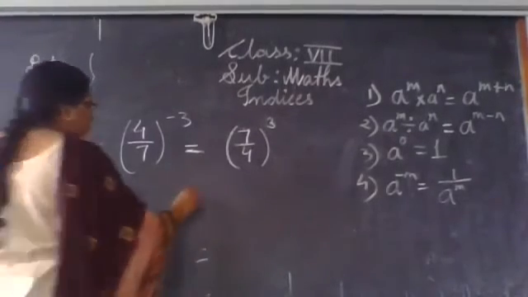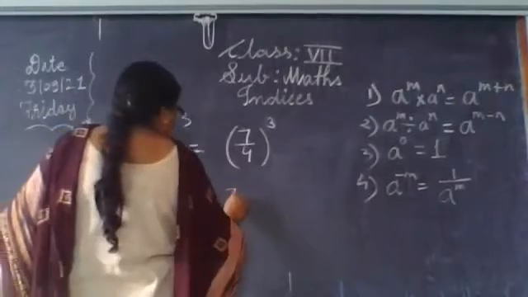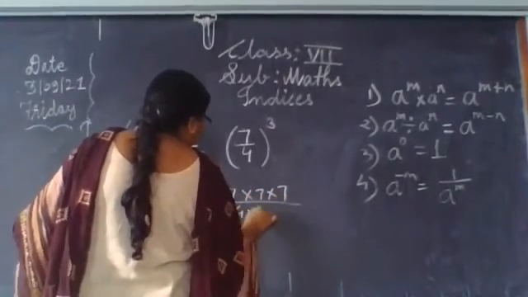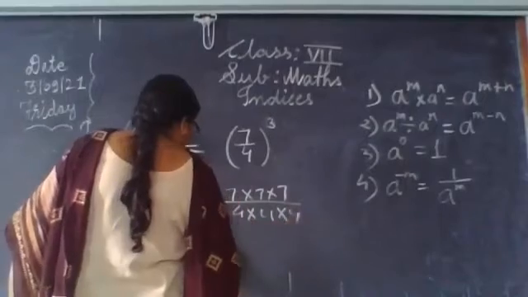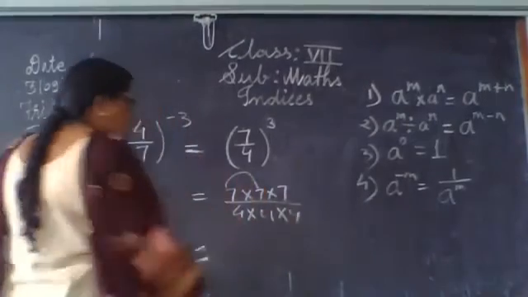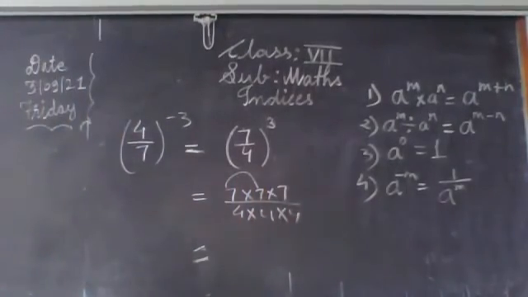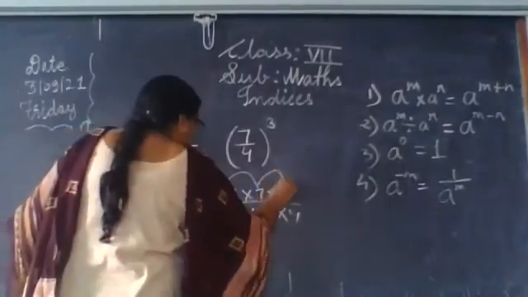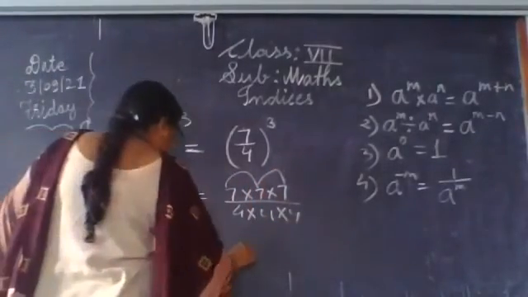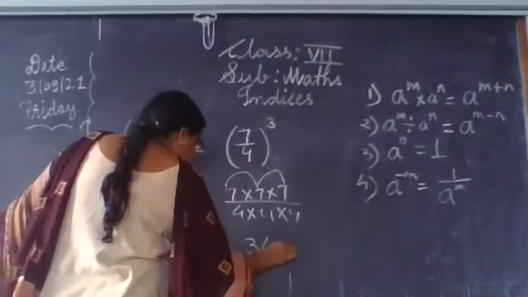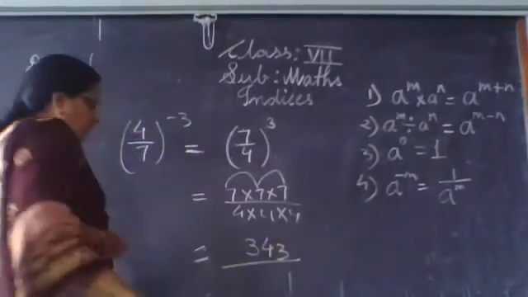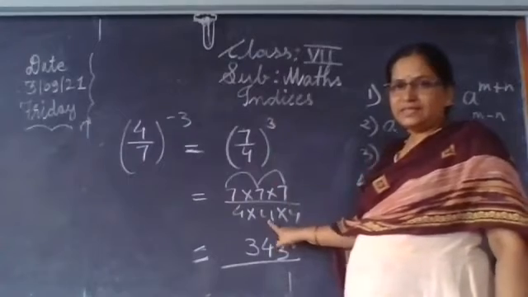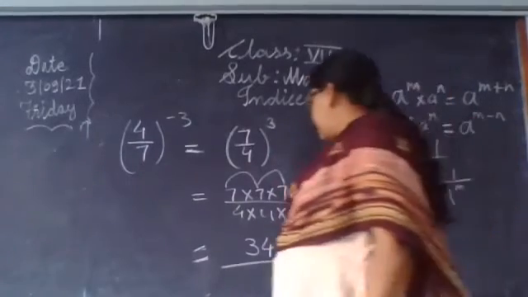What is the 7 cube? 7 into 7 into 7 divided by 4 into 4 into 4. 7 sevens are 49, 49 sevens are 343. 4 fours are 16, 16 fours are 64.